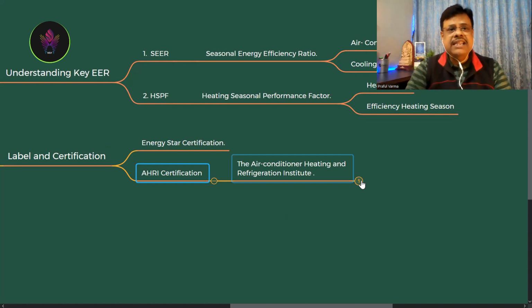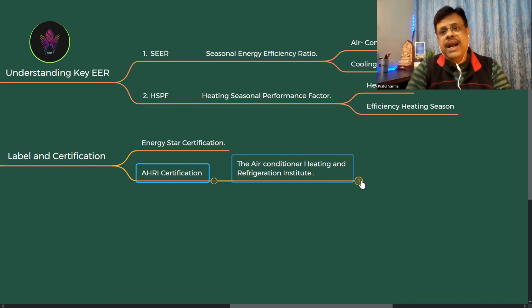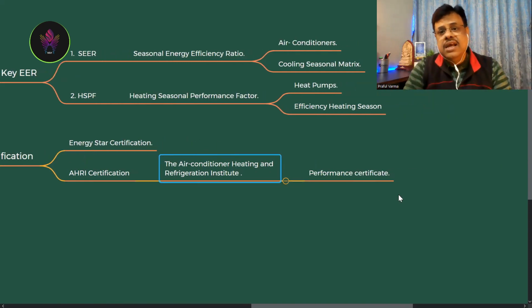If you are in India, then mostly people go with a star rating label, which is SEER, seasonal energy efficiency ratio. But if you are talking in terms of a global platform, AHRI is the prominent certification institution, and it functions very actively in all the other countries.